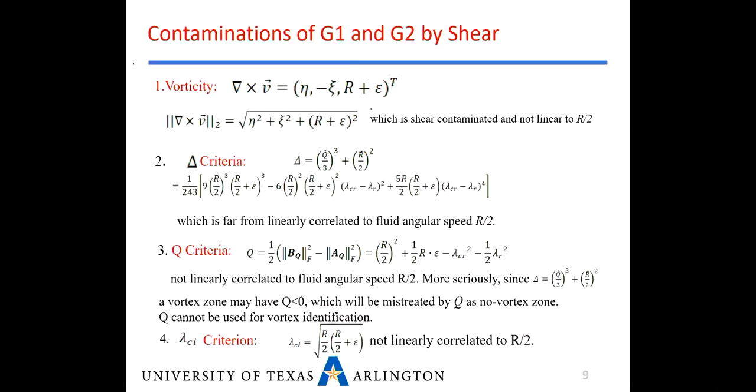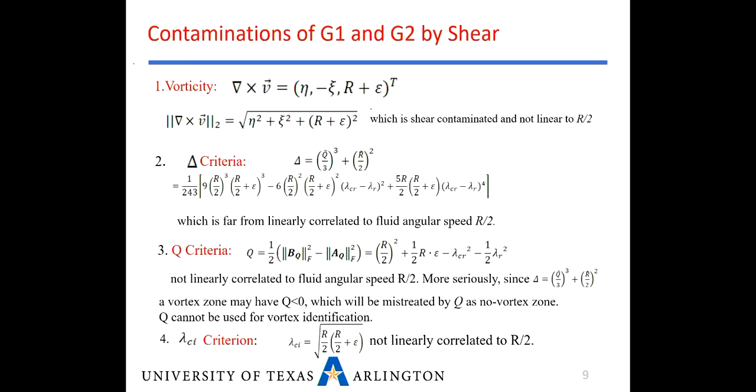About delta, it's a complicated formula, given by Pushiba and Dr. Yifei, I think. It's very complicated. That's the shear, and that's the stretching. Q is the same thing. You see, you have the stretching, shear, too many.